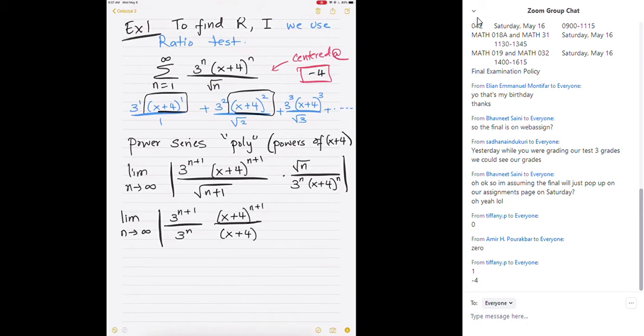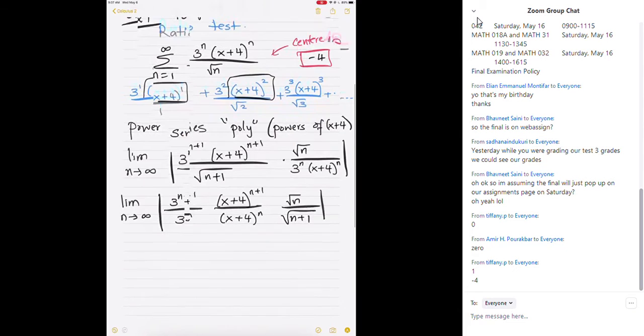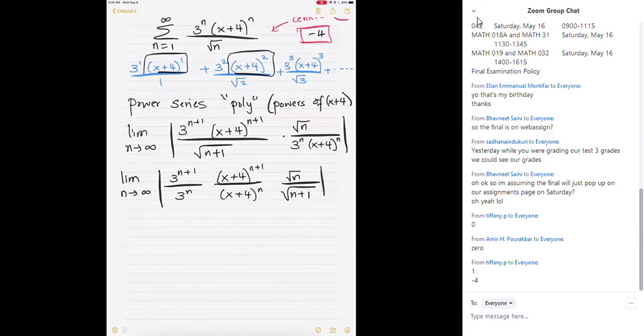And square root of n over square root of n plus 1. So the next thing I'm going to do is, please tell me, does this work? I always like collecting the like terms together. It makes it run fast. It lets you quickly see what's going on. So did that help?